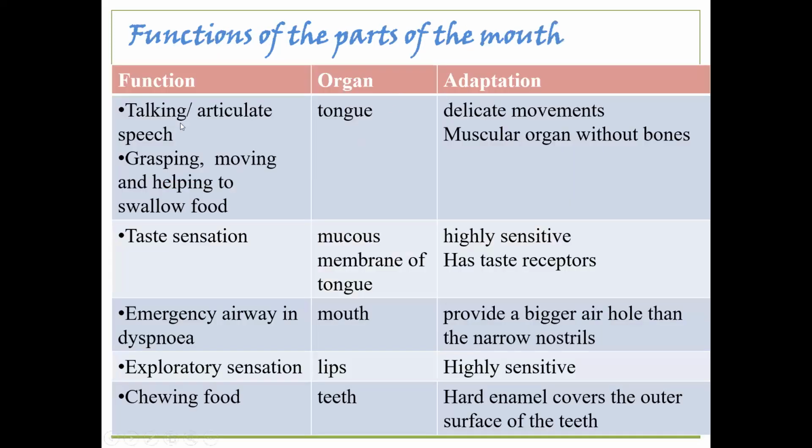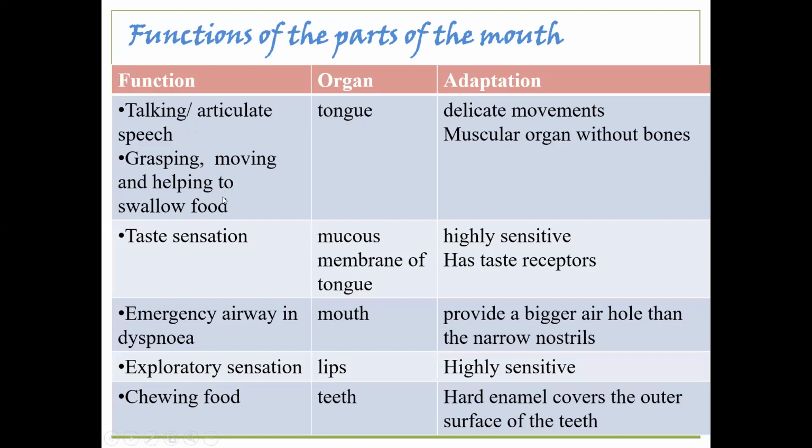Then let's see what these organs are, their functions, and what adaptations these organs have to give their maximum functions. The first one is the tongue. What are the functions of the tongue? The tongue is very helpful in talking and articulate speech, and in grasping and moving and helping to swallow food.